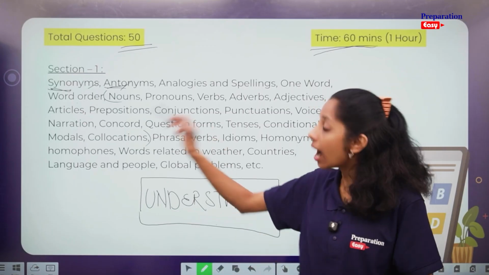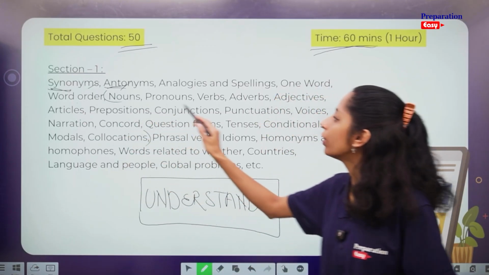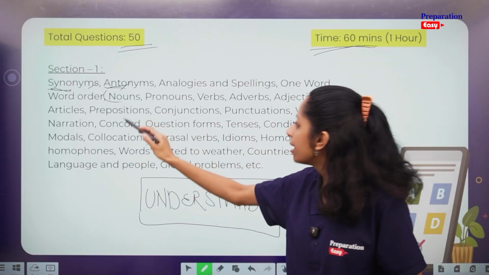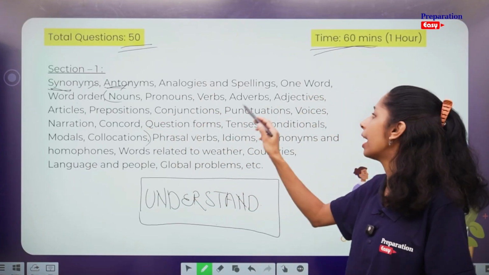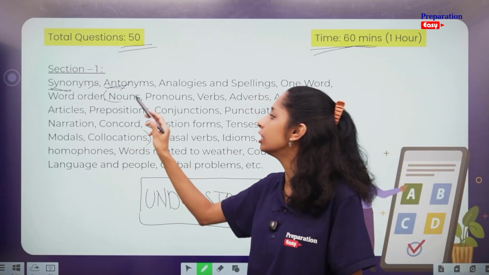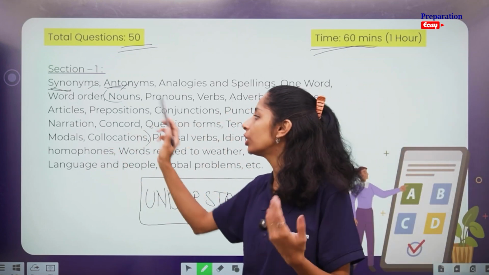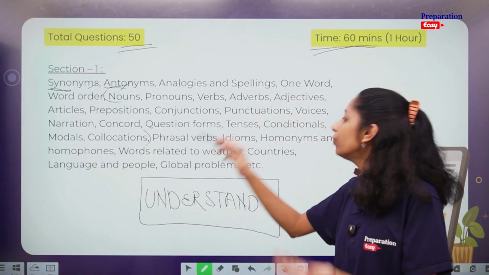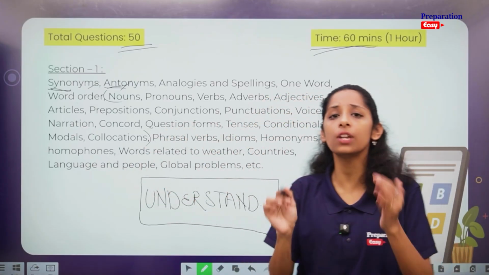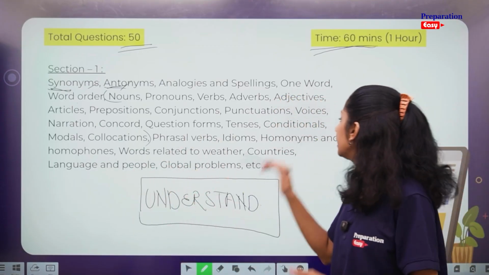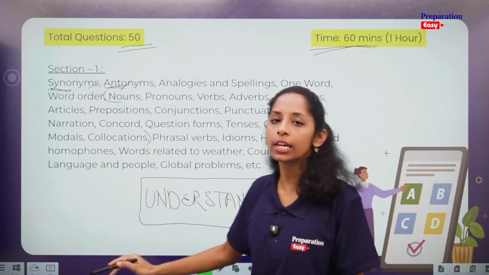So we need to understand the concepts of nouns, pronouns, and all the parts of speech: nouns, pronouns, verbs, adverbs, adjectives, articles, preposition, conjunction, punctuation, voices, narration, concord, question forms, tenses. Tenses is a very, very important topic, but a very vast topic. And then conditionals, modals, collocations, etc.